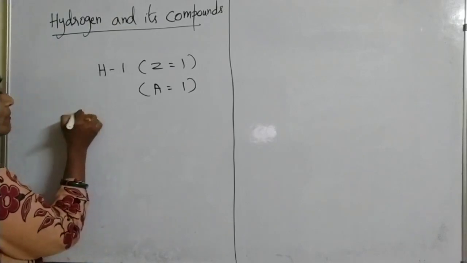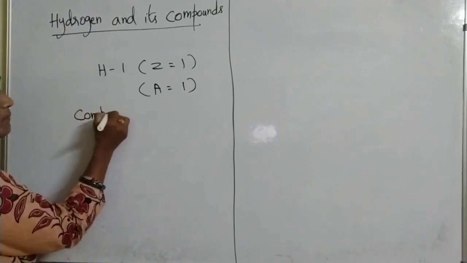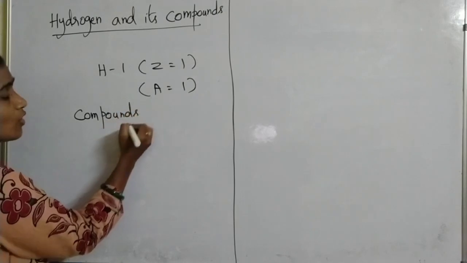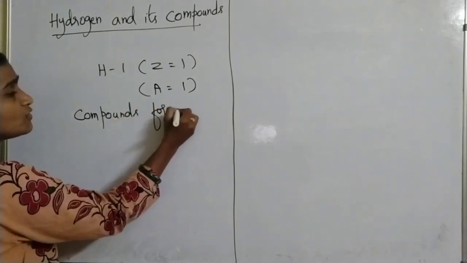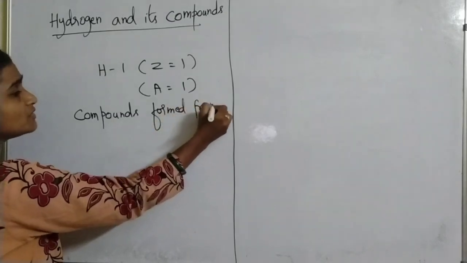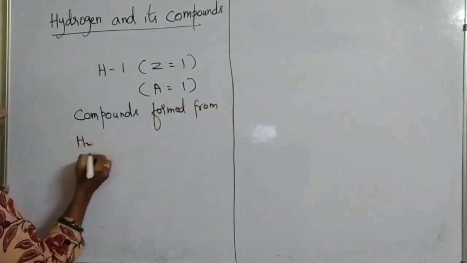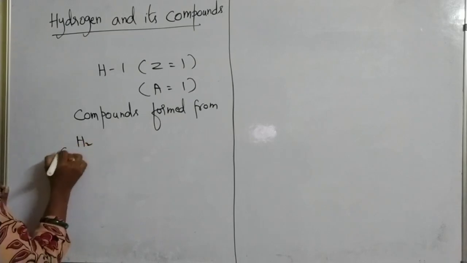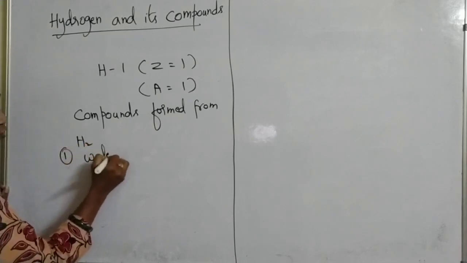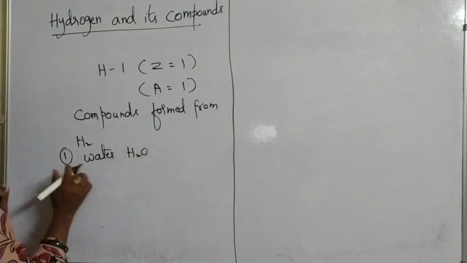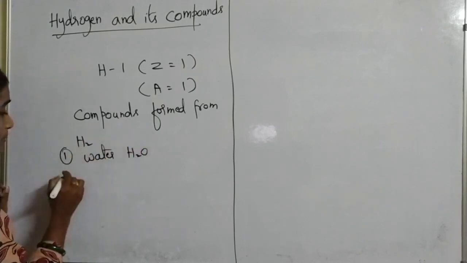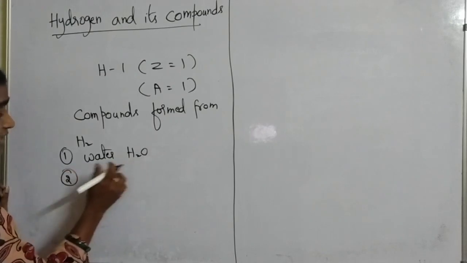And what are the different compounds formed by hydrogen? You have several compounds. The first one is water, H2O, one of the very important compounds formed by hydrogen.